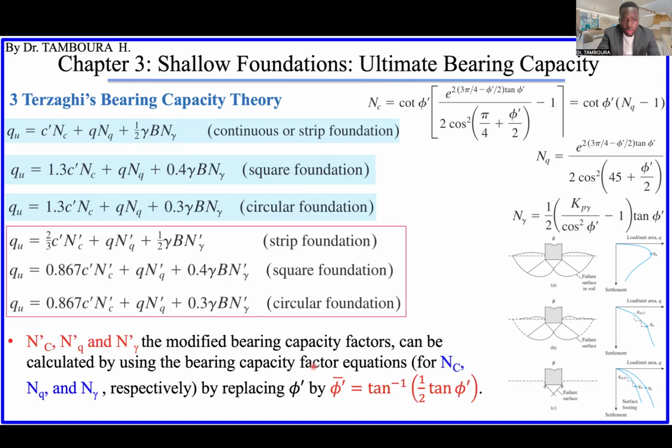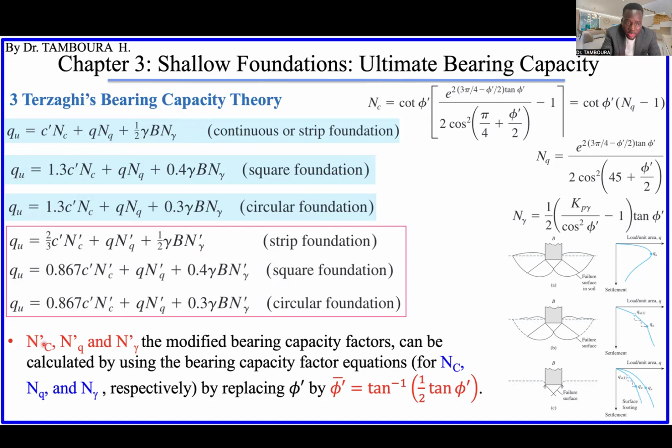So you can see the difference here. For general shear failure, we have NC, NQ, N gamma. But for local shear failure, we have NC prime, NQ prime, N gamma prime. They are not the same. The bearing capacity factors for local shear failure are not the same as those for general shear failure.